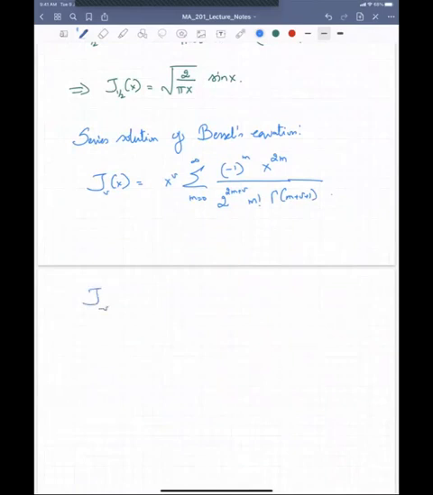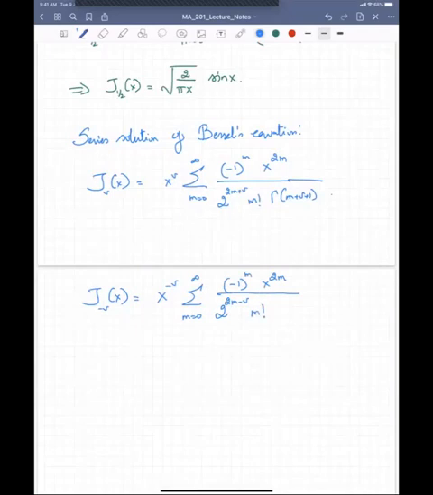So the other solution would be x to the minus nu, because nu appears as a square in the Bessel's equation. The only change that will happen in all the recursion relations and so on and so forth is the substitution nu goes to minus nu. So I can do that with impunity at the last step. So J minus nu equals x to the minus nu, m equals 0 to infinity, minus 1 to the m, x to the 2m divided by 2 to the 2m minus nu, m factorial gamma of m minus nu plus 1.